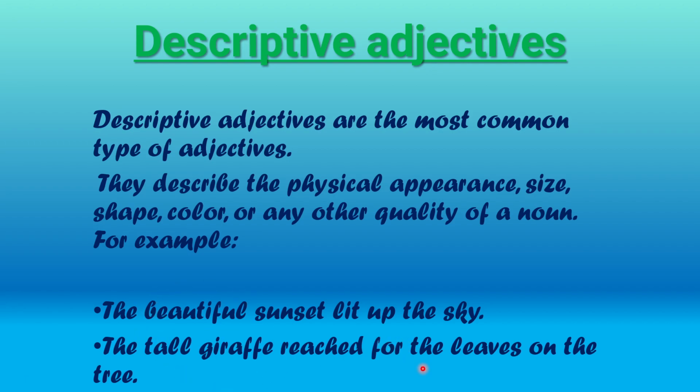In descriptive adjectives, the only thing you have to remember is that it will describe the physical appearance, size, shape, color, or any other quality of a noun. So the qualities of the noun will be the description and the answer for your sentence. Okay, hope you all have understood it. Let's move further.